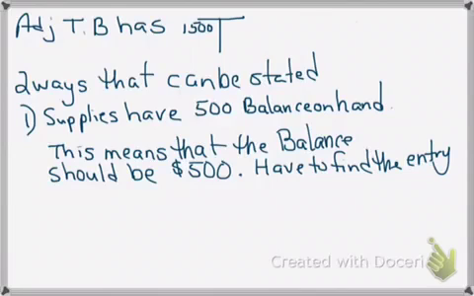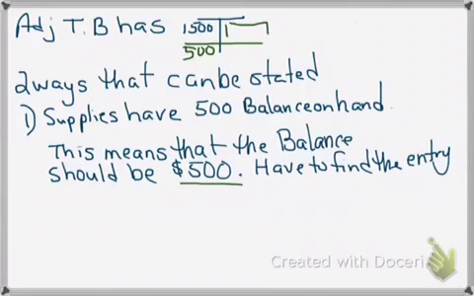So the balance in your account should be $500. We have to figure out what our journal entry is going to be. We can look at a T account here, and it's saying that $500 is what our balance should be. In the trial balance, it's showing $1,500. So we have to look at how we get from $1,500 to $500.